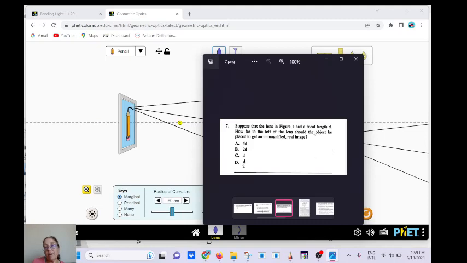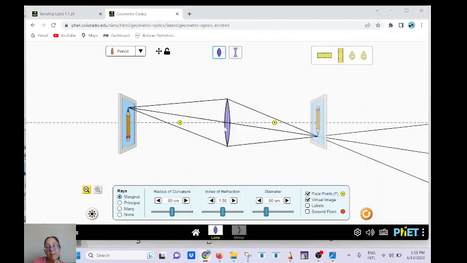So if the focal length is d, you have to put your object at 2d. So that will be answer B. Okay, so if this is d, then that's going to be 2d, and you see the image is real, upside down, and unmagnified, so the same size.